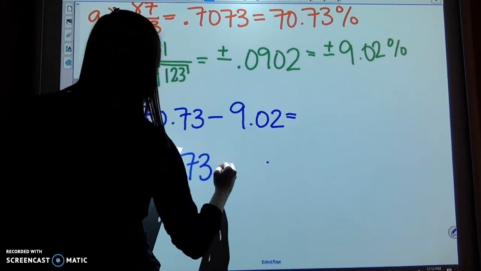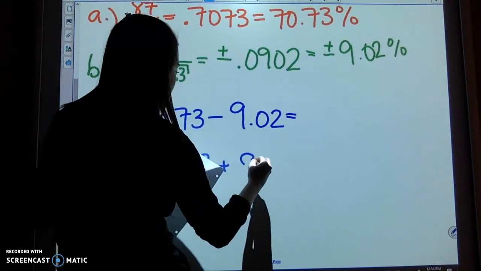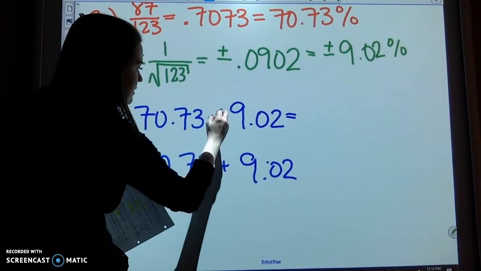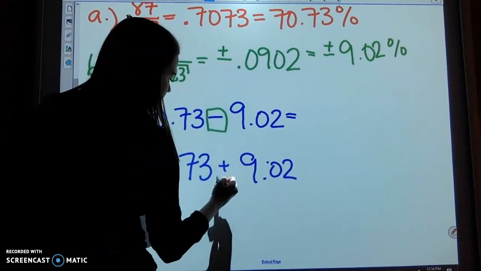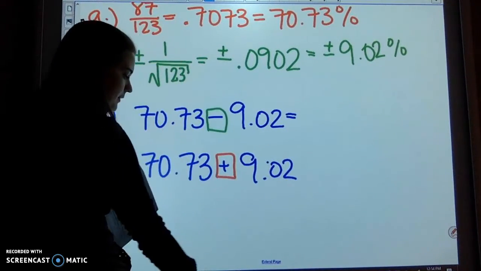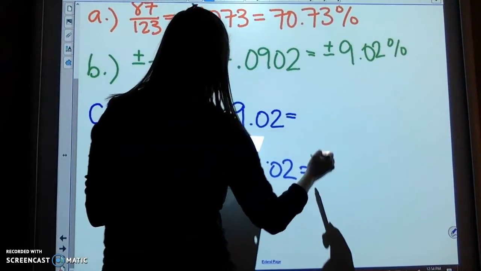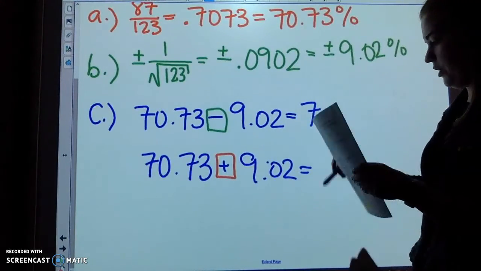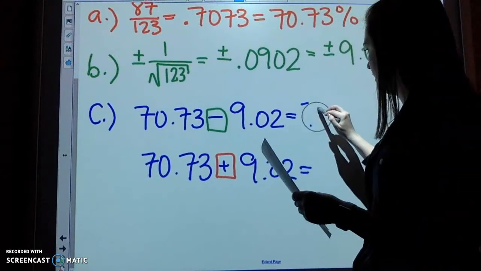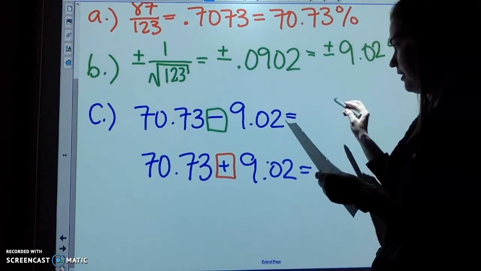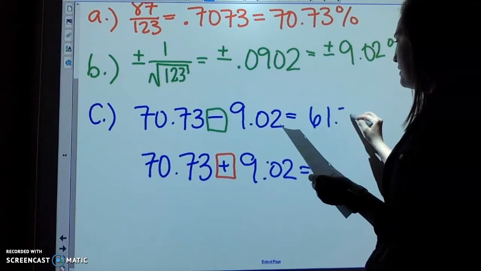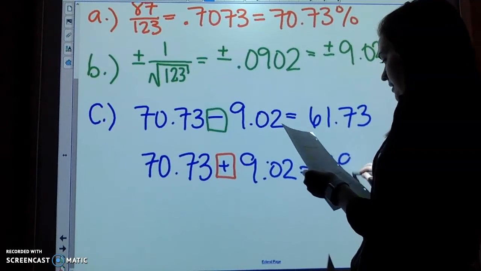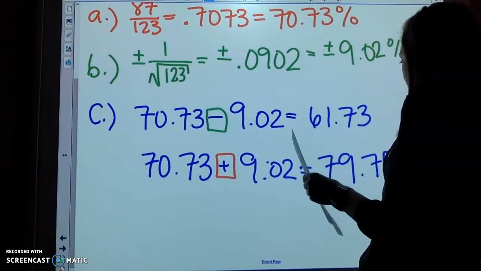And then we have 70.73 plus 9.02. So notice how one is minus, the other is plus. When you do that, you're going to get out 79, wrong, I had them backwards, I apologize. You're going to get out 61.73 and 79.75.